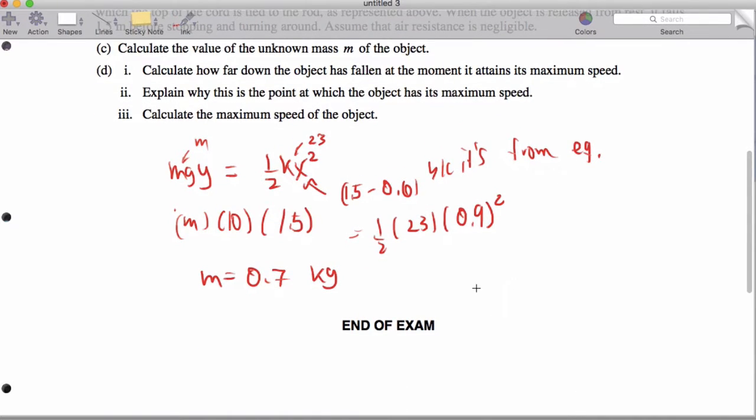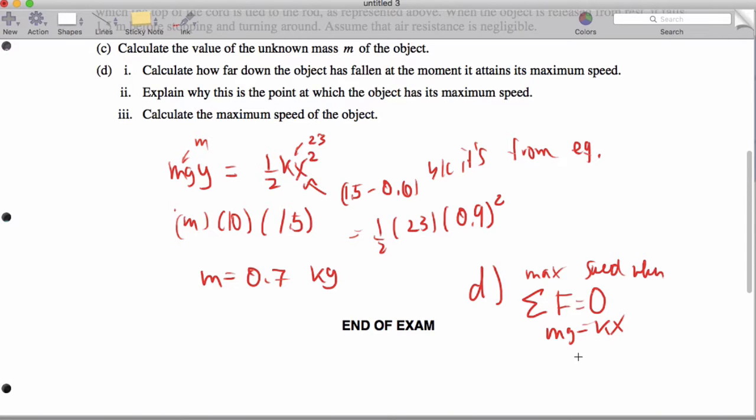And then for part D, we get max speed when the net force is 0. In other words, it's when we don't have any resistant spring force on it. And that's going to happen when mg equals kx.